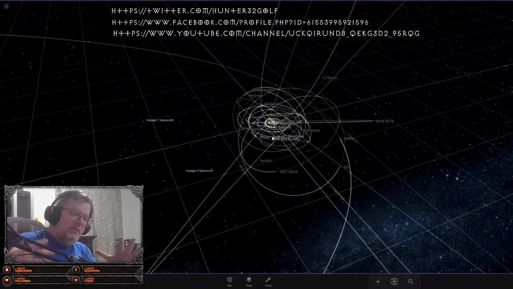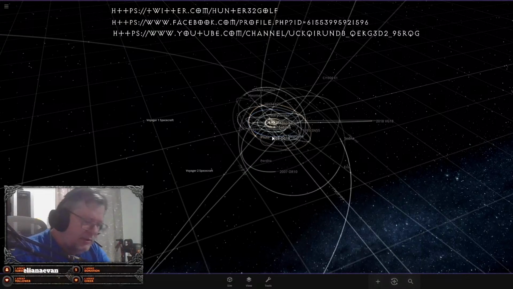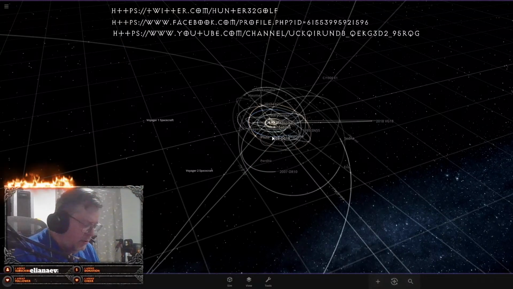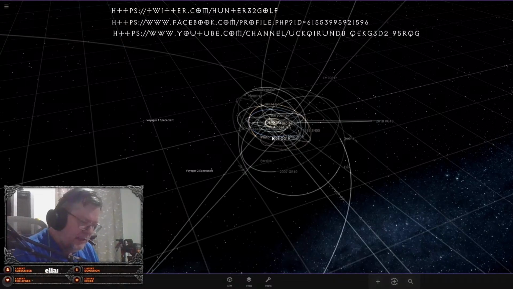And the Oort cloud itself is divided into two sections, the inner cloud and the outer cloud. The Oort cloud is 20 times the size of the asteroid belt and approximately 200 times as massive.